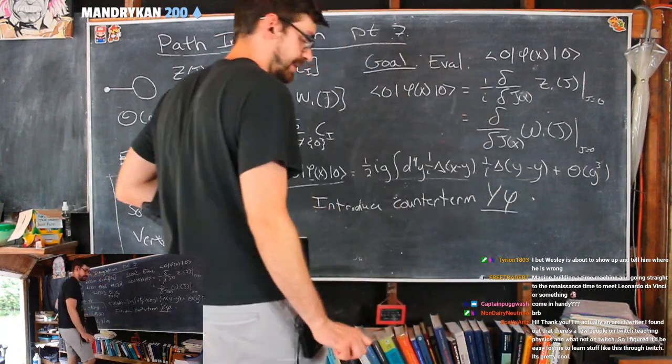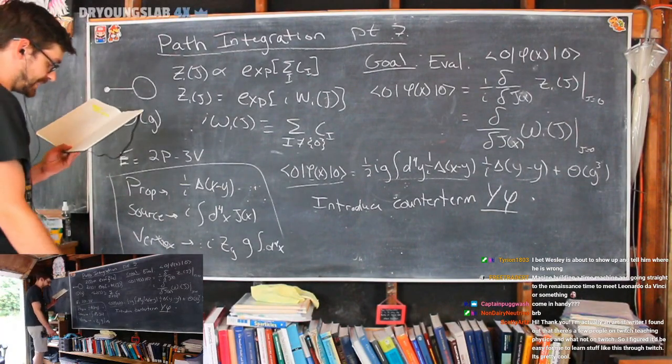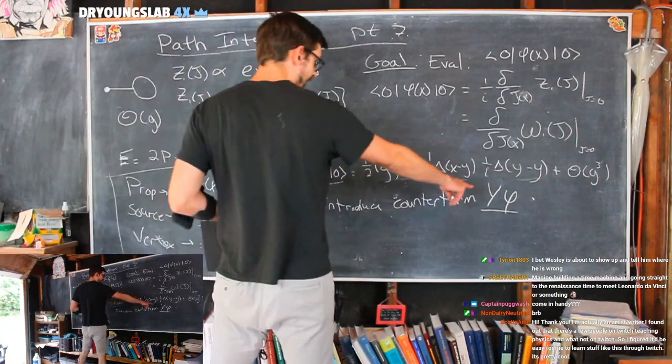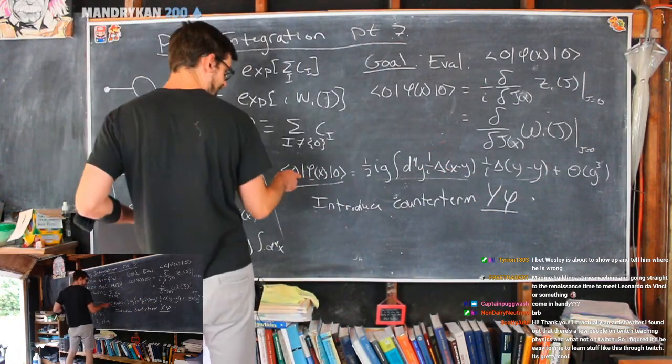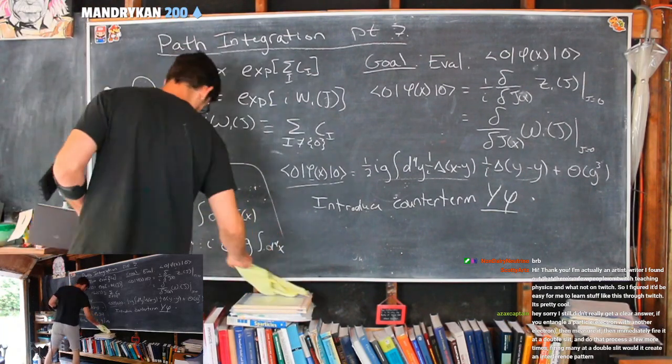I told you it's going to be back, and there it is. And here's what we want. We want to introduce this counter term Y of phi for the main purpose of making this equal to 0, okay? So let's erase everything and let's keep moving on.